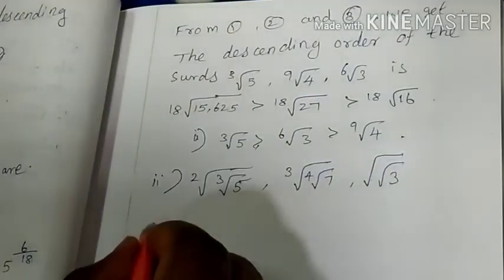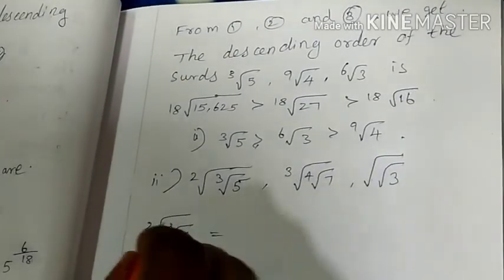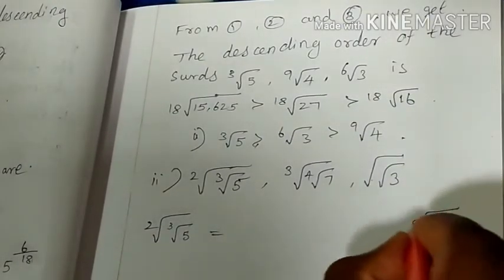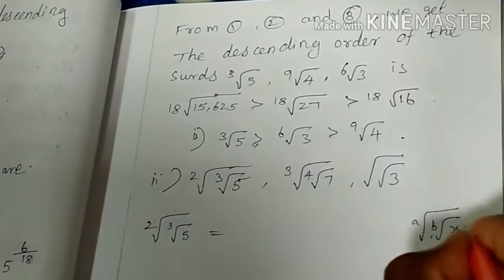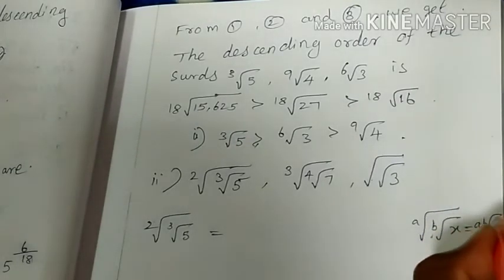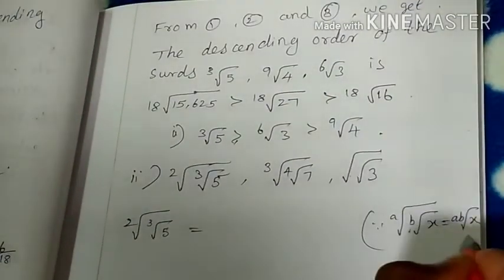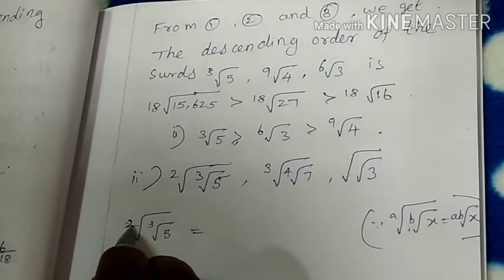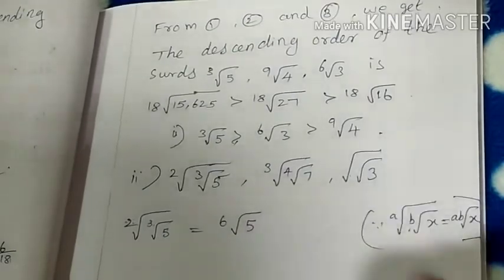Using the rule a root of b root of x equals ab root of x, the product of the orders: 2 threes are 6, so the 6th root of 5.